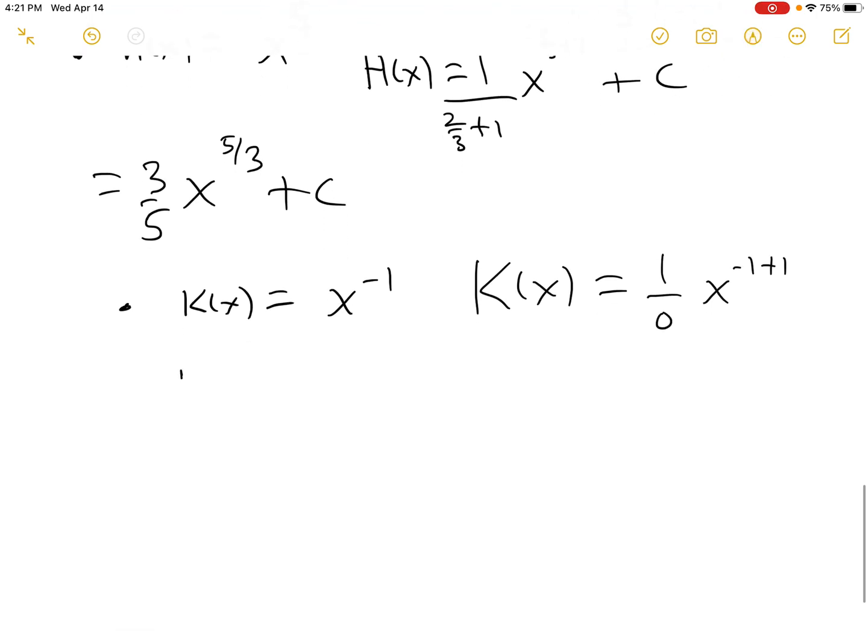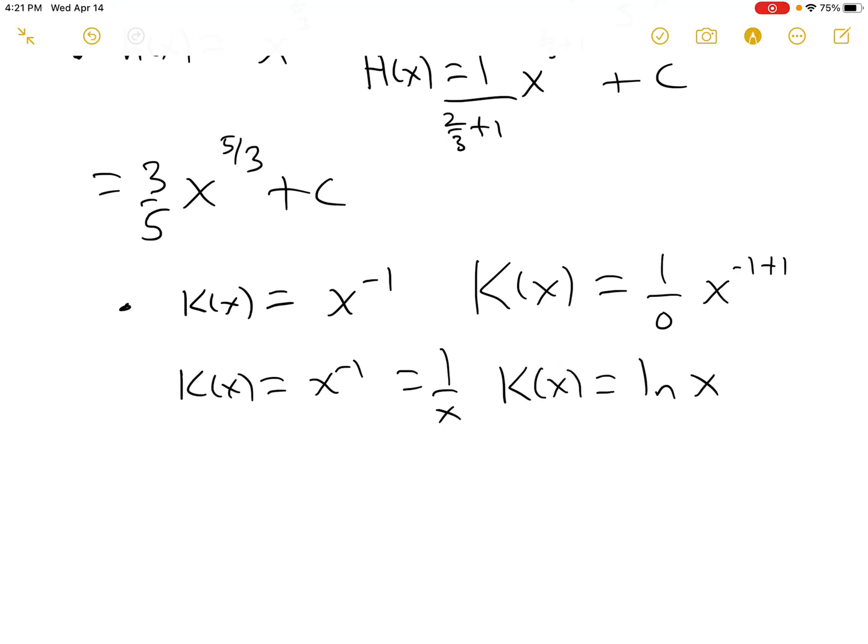But if you think about this for 1 second, x to the -1 is 1 over x, and the derivative of ln is 1 over x. So the antiderivative is the ln of x plus C. And we always put absolute value bars around because you can't take the ln of a negative number.